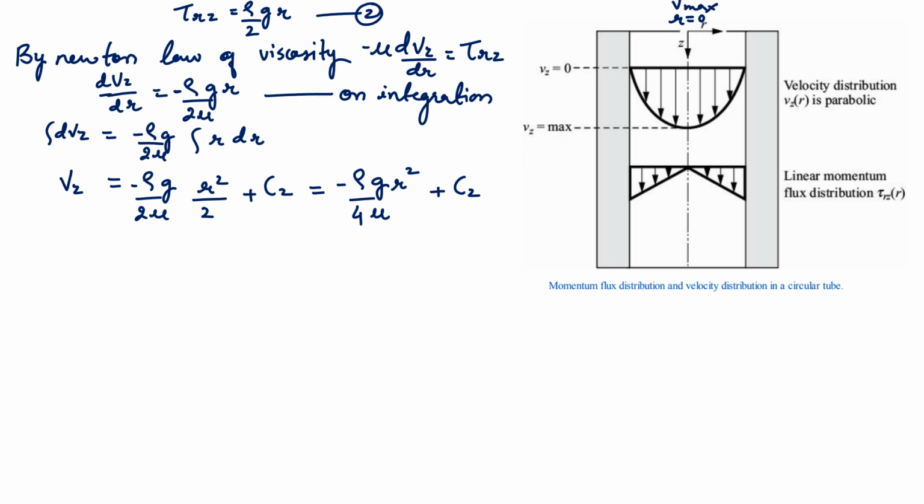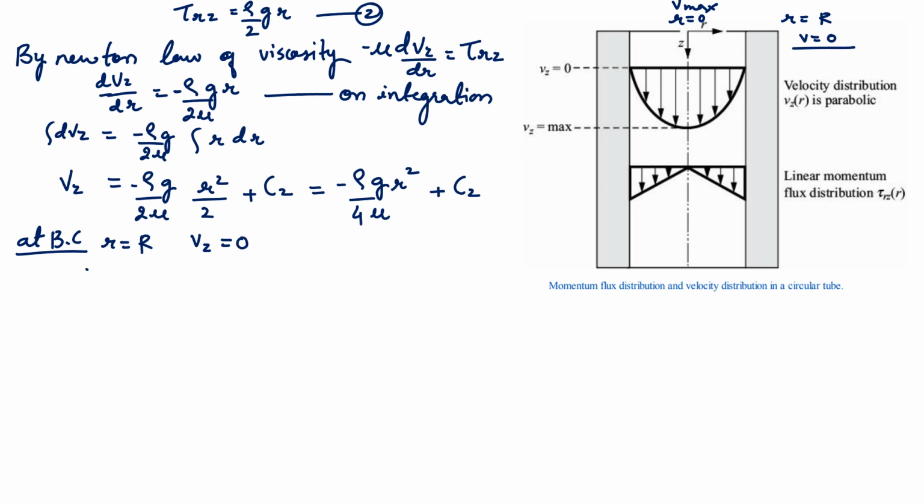While velocity at r equals capital R is equal to 0. So to find the value of C2, at the boundary condition r equals capital R, Vz equals 0.